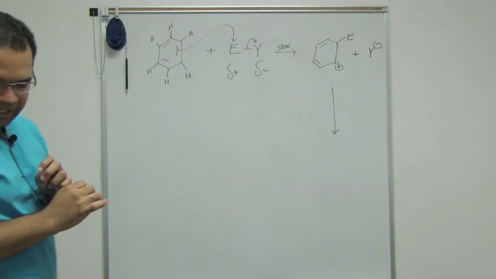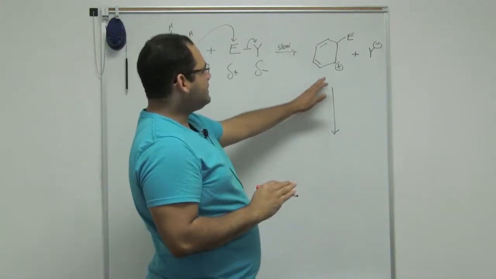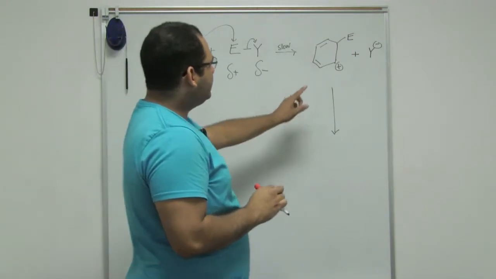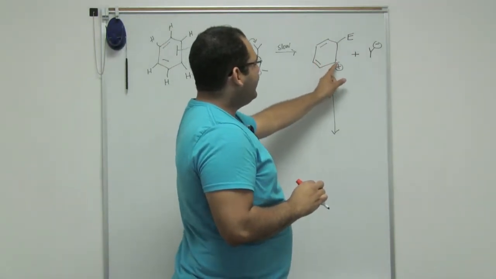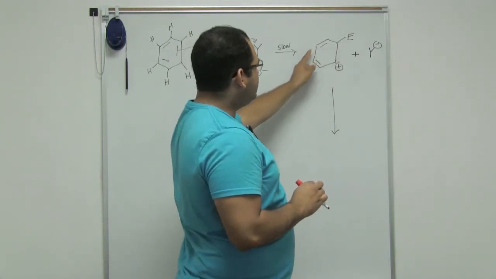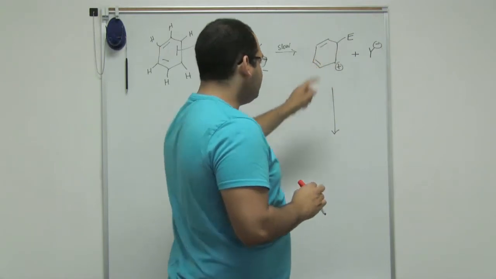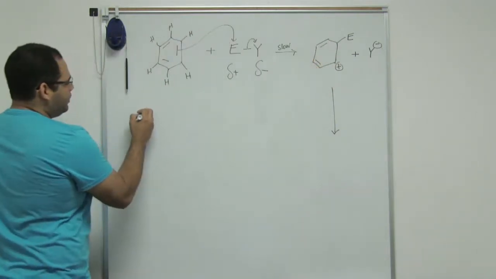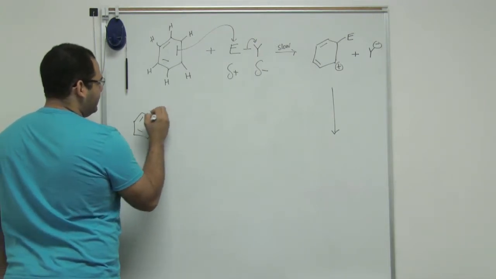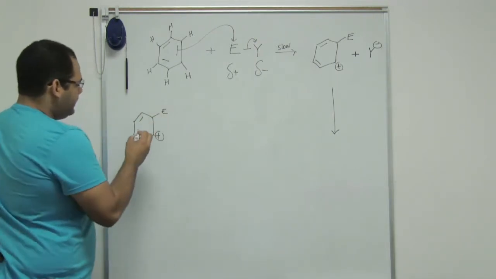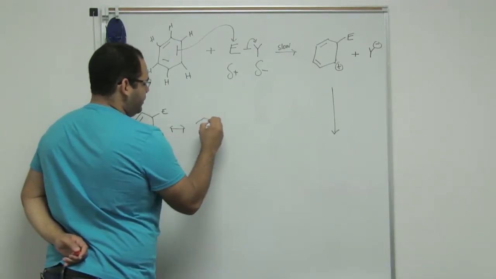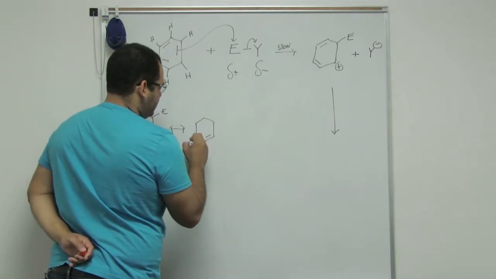So let's talk a little bit about that particular carbocation. It is also called a cyclohexadiene cation. It is an allylic carbocation. If we look at this particular double bond here, this carbocation is stabilized by the delocalization of this double bond. So the double bond starts moving, and we can claim the formation of resonance structures. This double bond can move, and we can have the first resonance structure here.